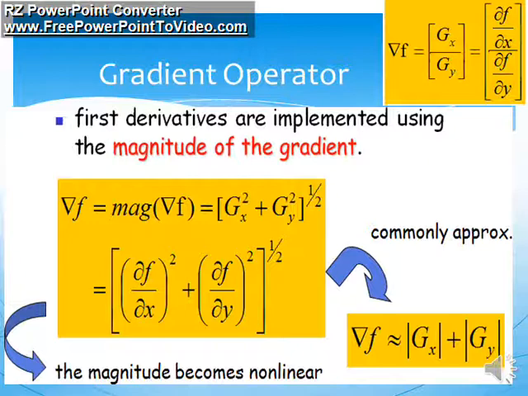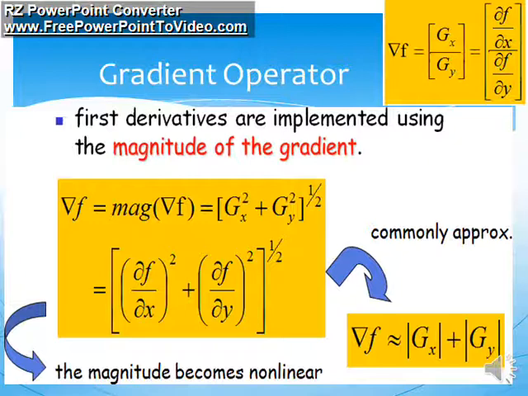Now if we want to find the magnitude of grad f, that should be equal to gx square plus gy square whole to the power half, or root of gx square plus gy square. That means root of df by dx whole square plus df by dy whole square.